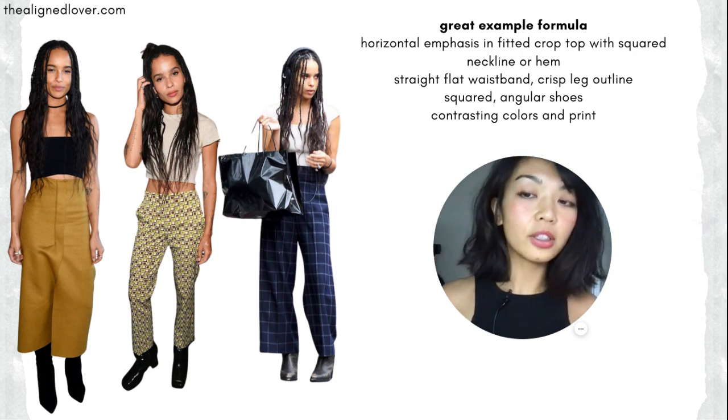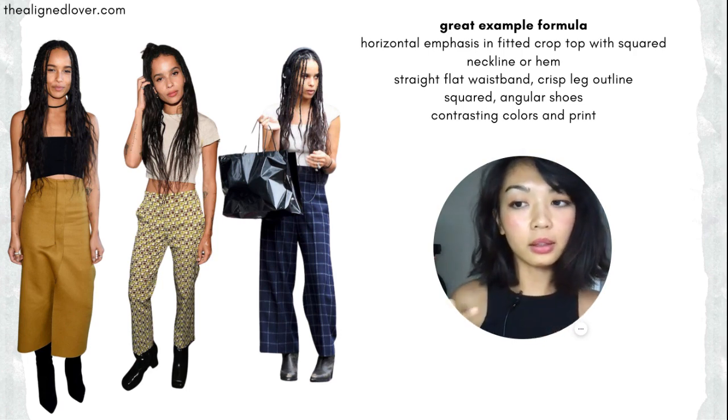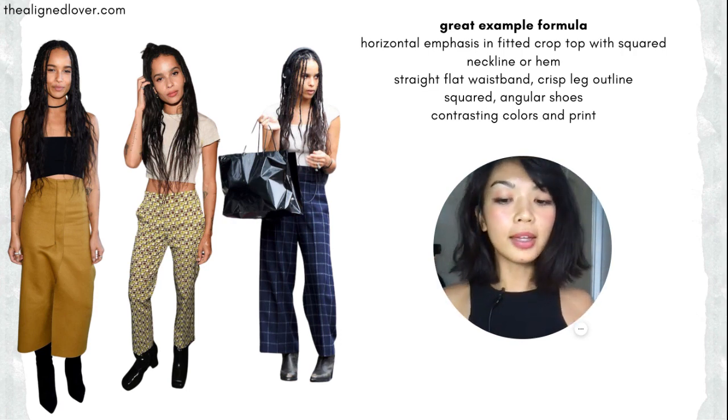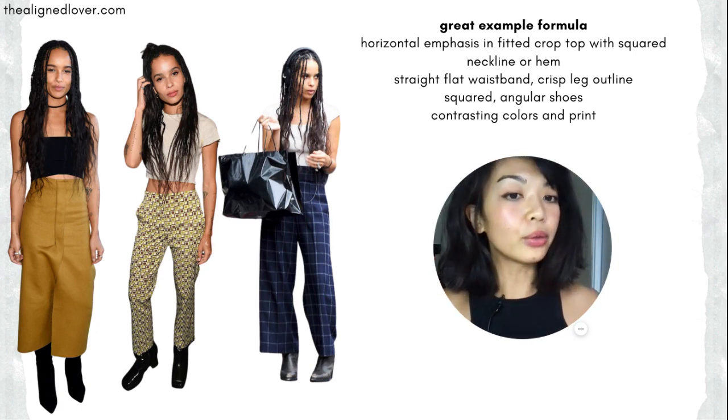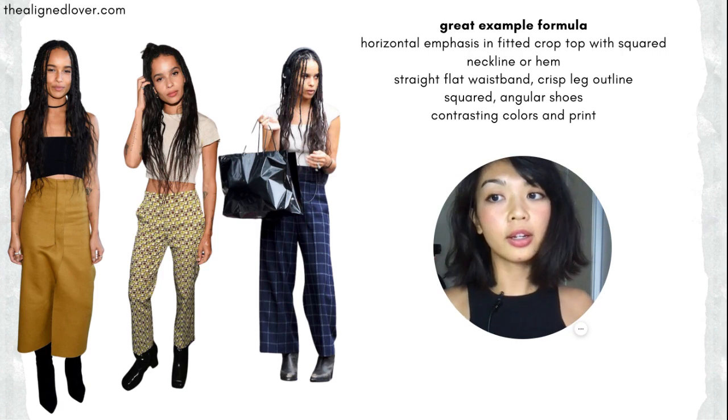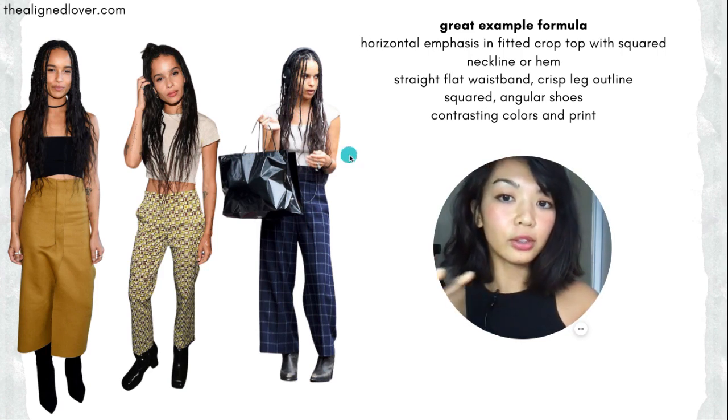Now that we've covered just a little bit of the detail that creates a really beautiful shape on Zoe, here are some examples of outfit formulas that really shine on her. So we have these three outfits.